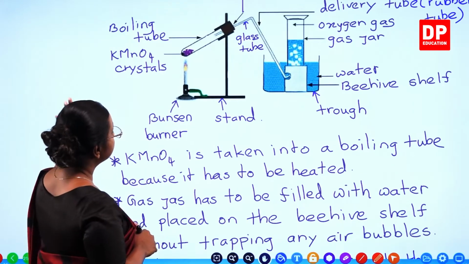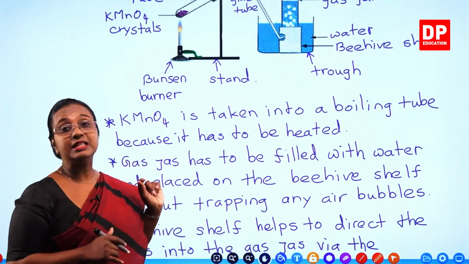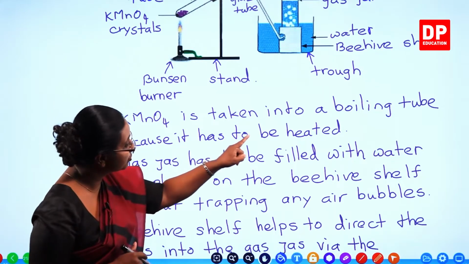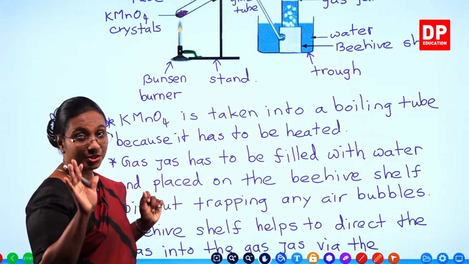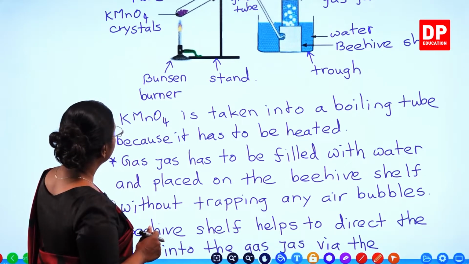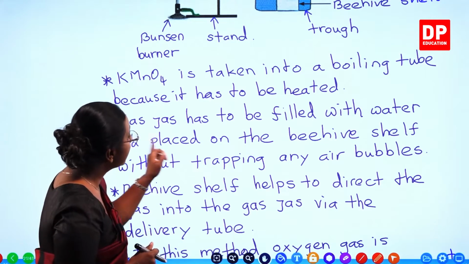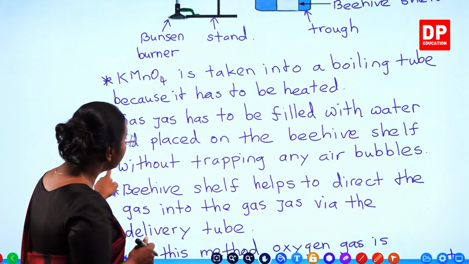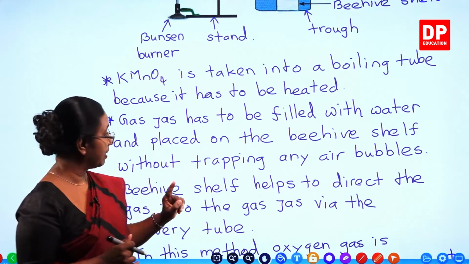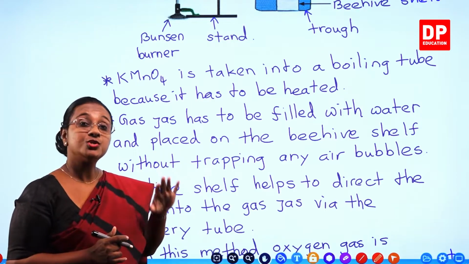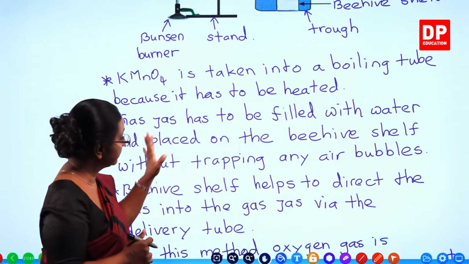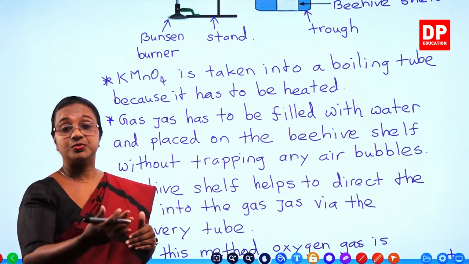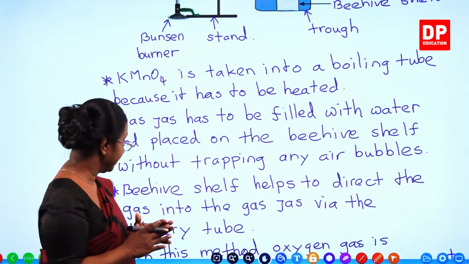Then here you can see, since we need to heat the Condes crystals, we have to use a boiling tube, not a test tube. I am sure you all know that. And also, the gas jar has to be filled with water and placed on the beehive shelf without trapping any air bubbles. That is also important, so that we collect only oxygen gas, nothing else. It's not mixed with air, only oxygen gas.